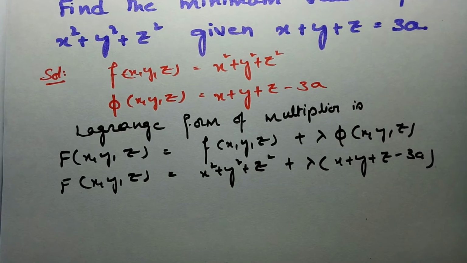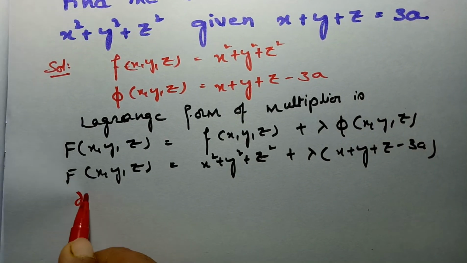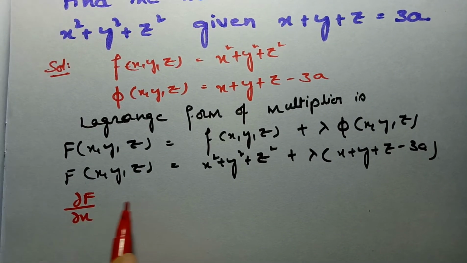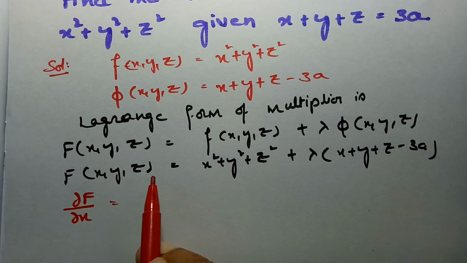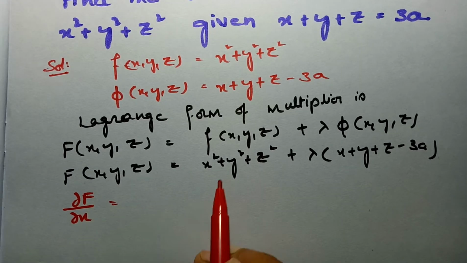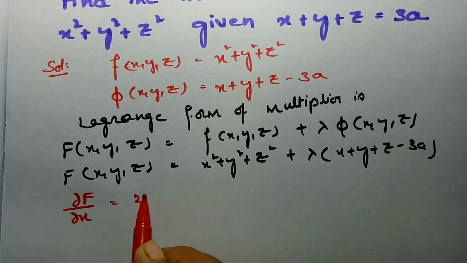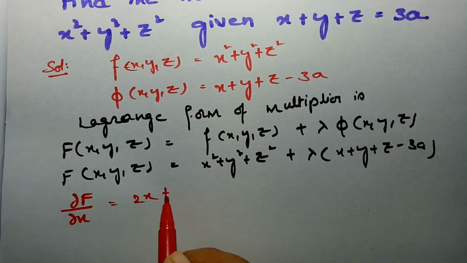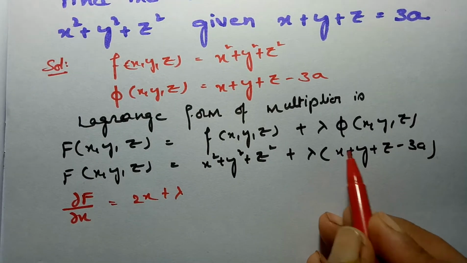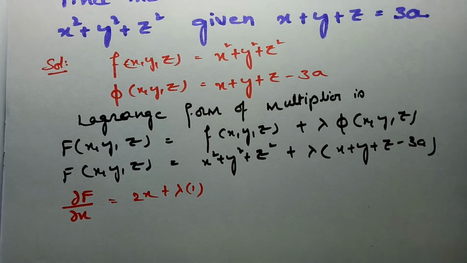First of all, we differentiate with respect to x and equate it to 0. So what is dou f by dou x? Differentiating with respect to x, x square gives 2x, and y and z are constants, so that's 0, plus lambda times 1.